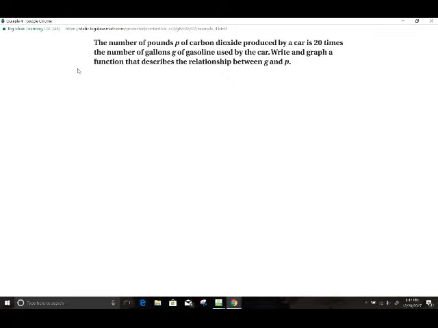What we want to do is decipher this word problem and get it down to what the important information is. So I see that I do have a couple variables. I've got P as the pounds of carbon, G as the gallons of gasoline, and I actually have a statement.